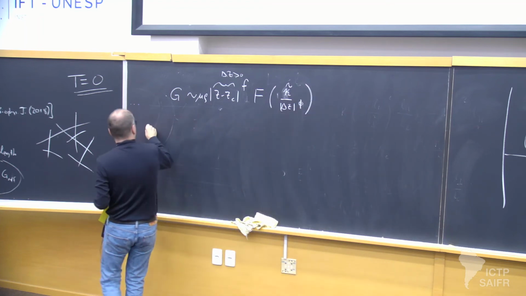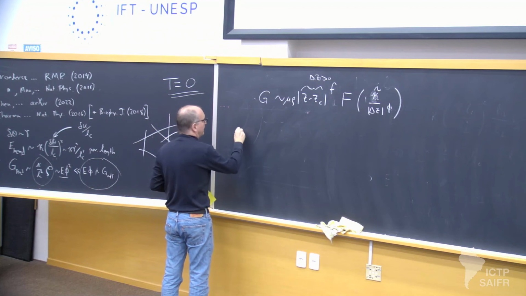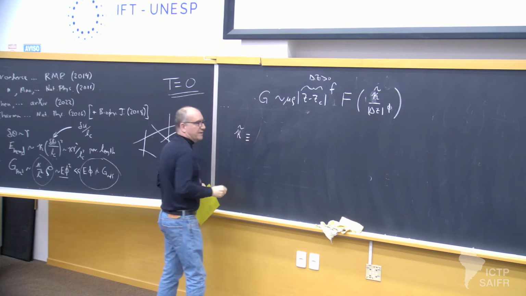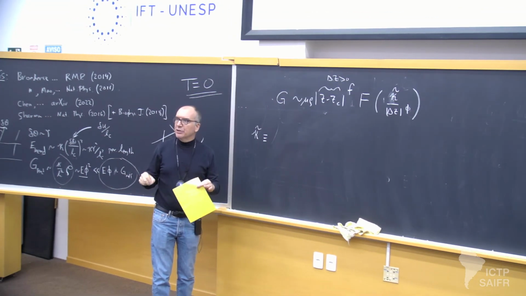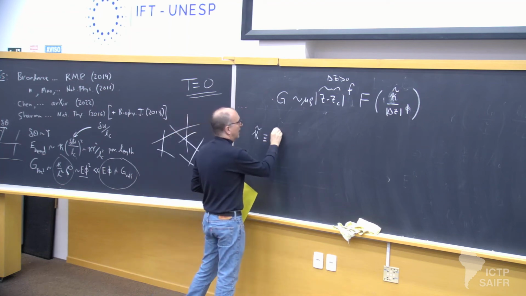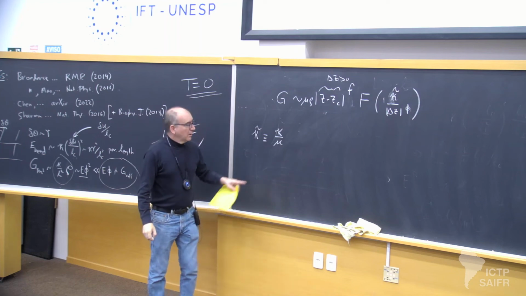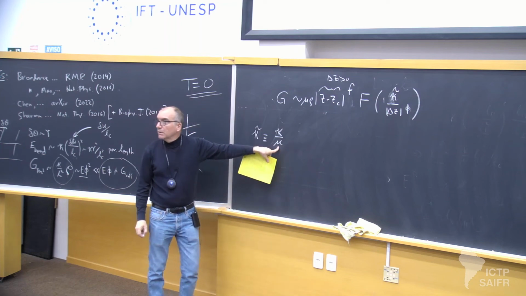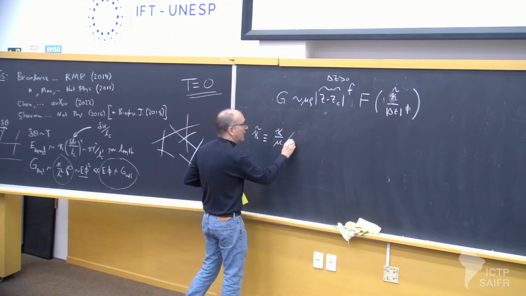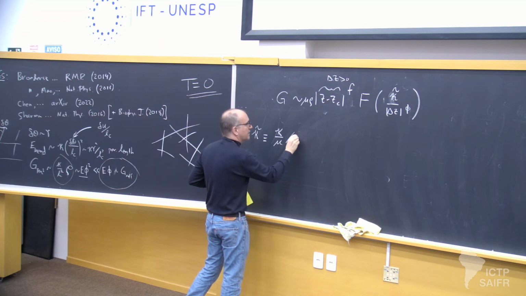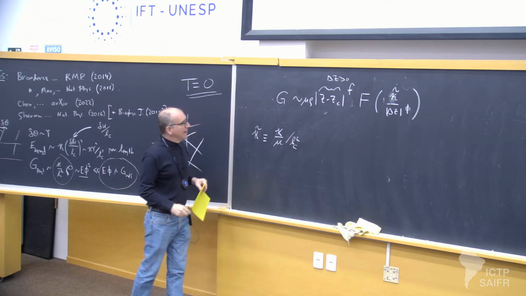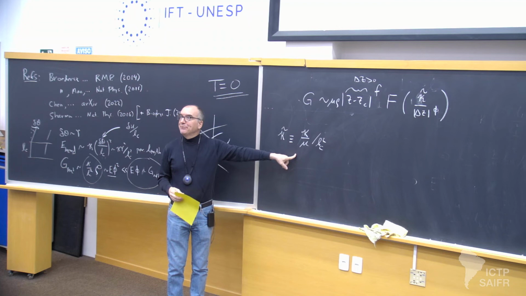Okay, what's kappa tilde? Well, kappa tilde is the natural dimensionless measure of bending rigidity, which is the following. I take the ratio of bend to stretch. That has units of length squared. So I divide out by the architectural length, LC squared. That's a dimensionless quantity.